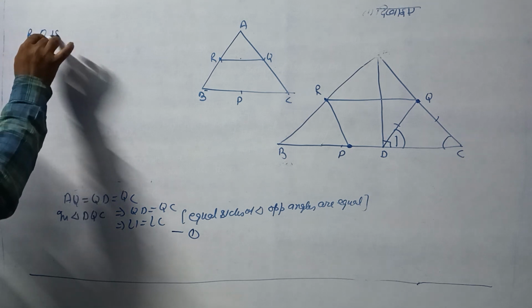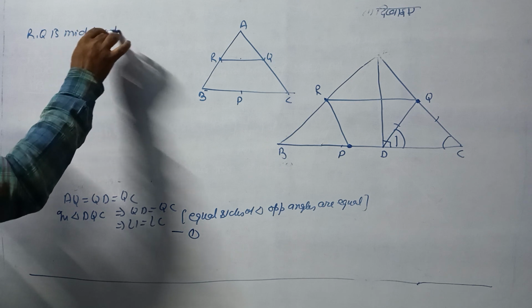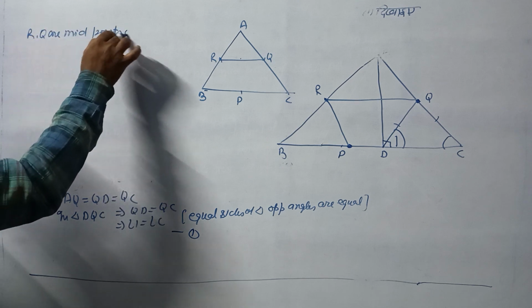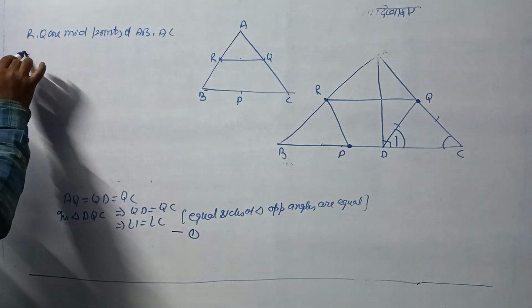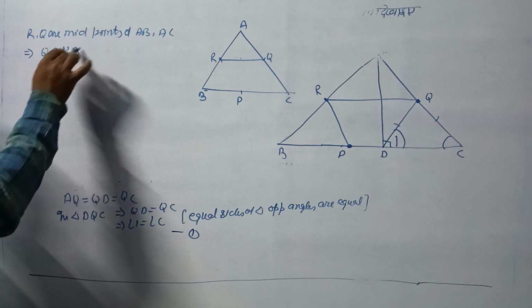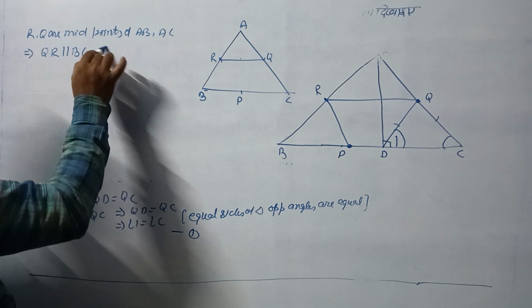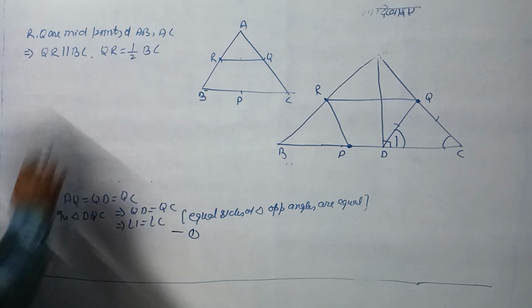RQ is the midpoints of AB and AC, implying that QR is parallel to BC, okay, and QR equal to half of BC.